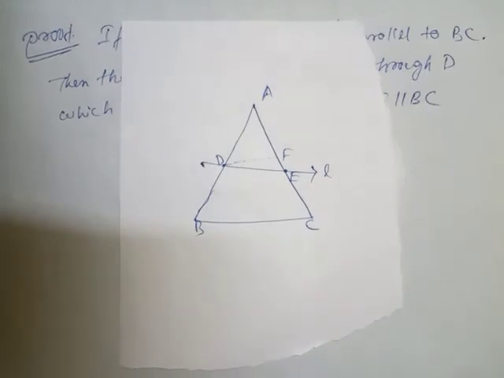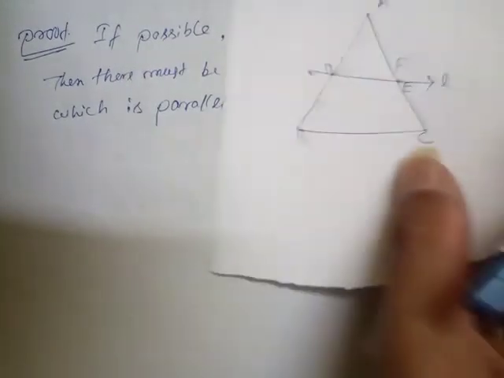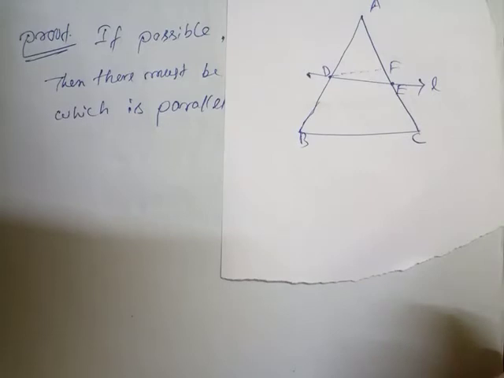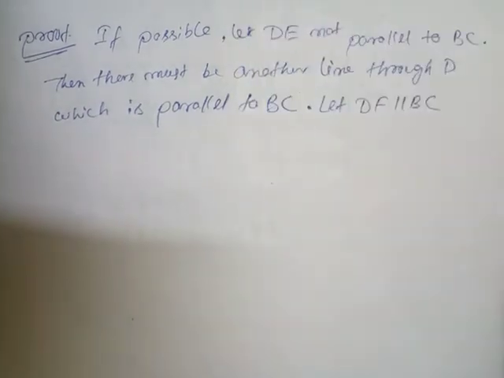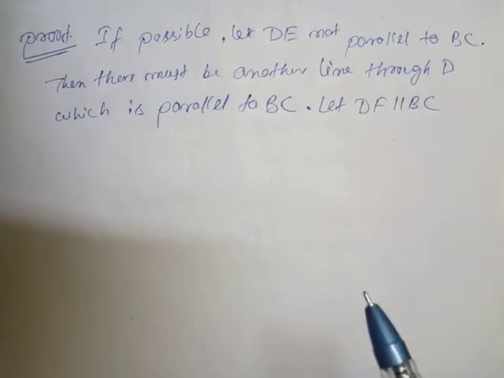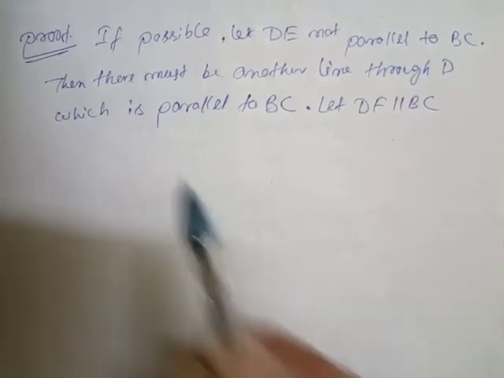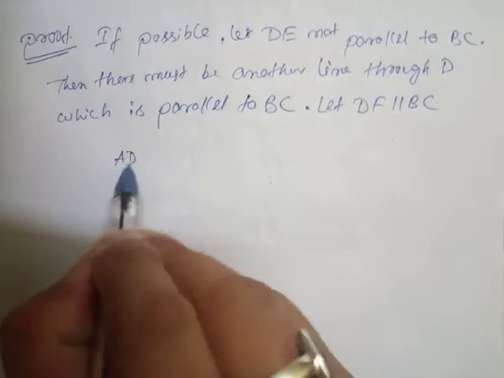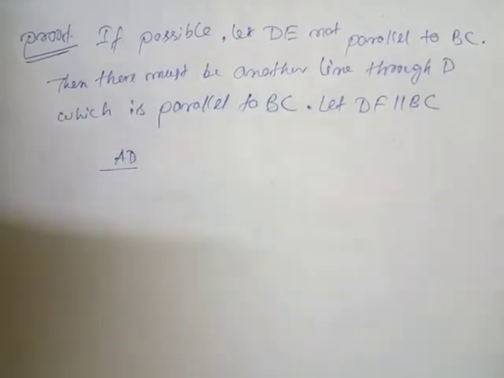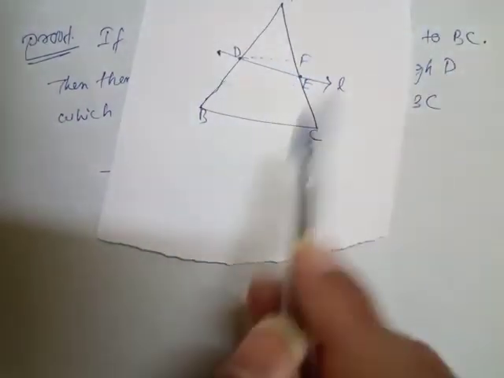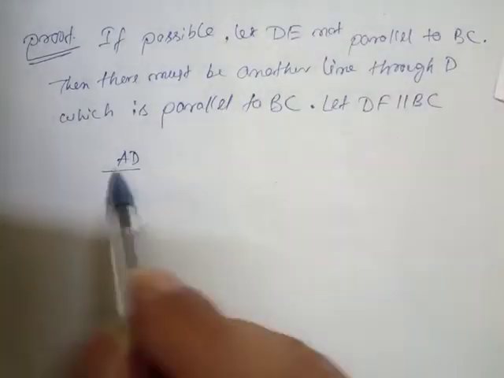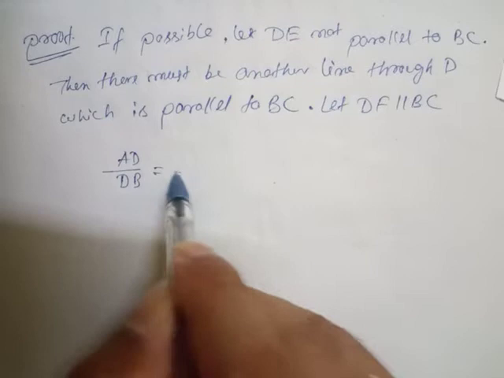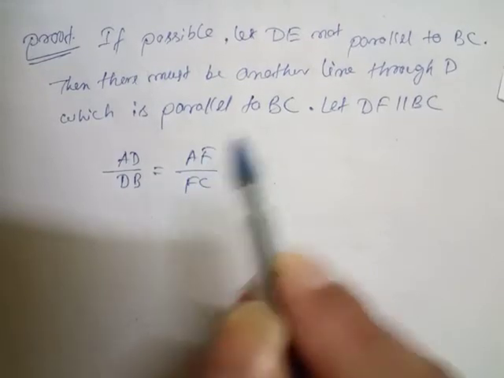Now look, if DF is parallel to BC, then according to the basic proportionality theorem we can write AD by DB equal to AF by FC.